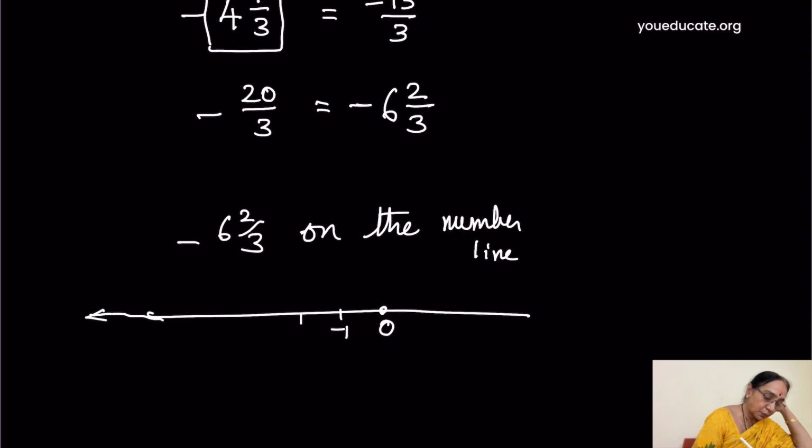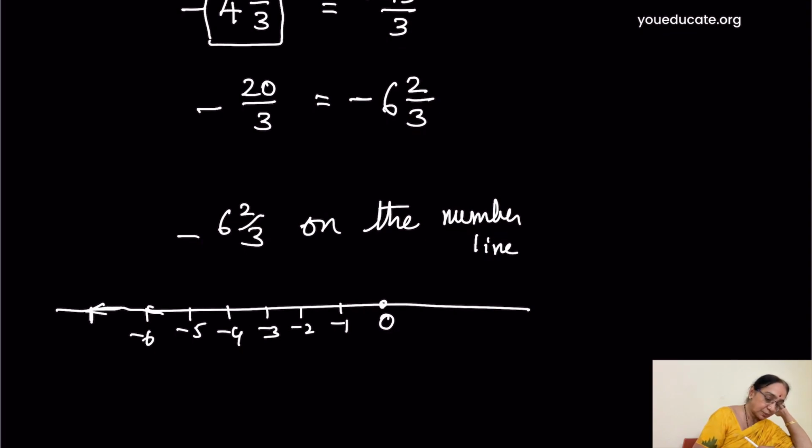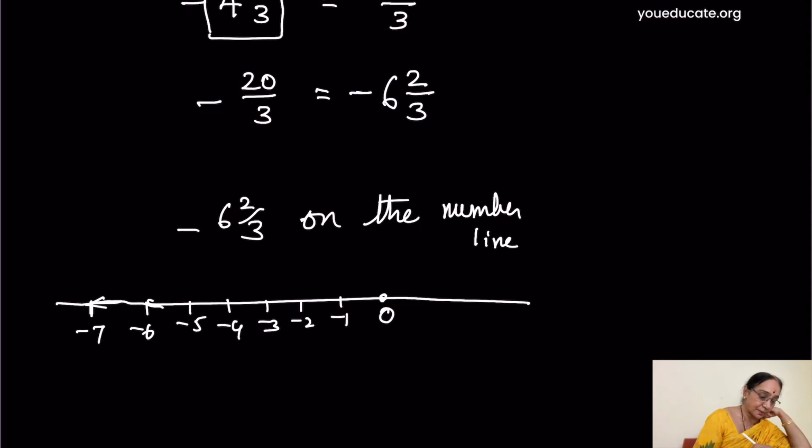And you have negative 1, negative 2, negative 3, negative 4, negative 5 and negative 6. Now where is this negative 6 and 2/3? It lies between negative 6 and negative 7. So it is even less than negative 6, 2/3 less than negative 6. So it goes further to the left of negative 6 but before negative 7.